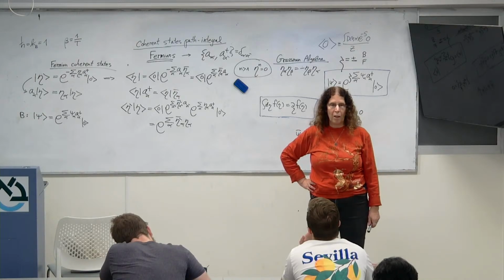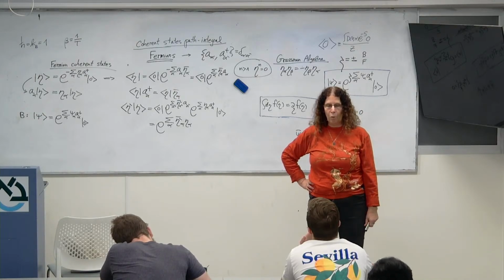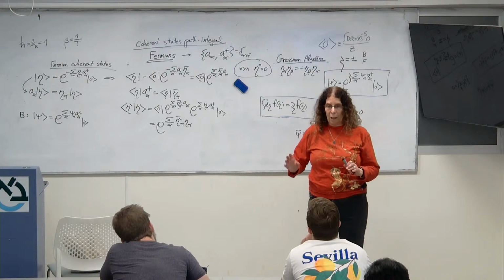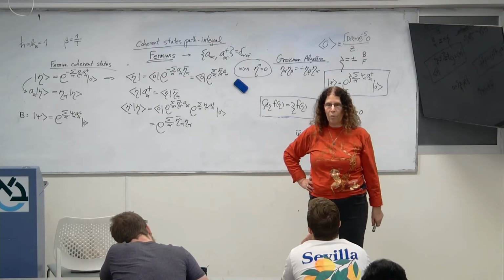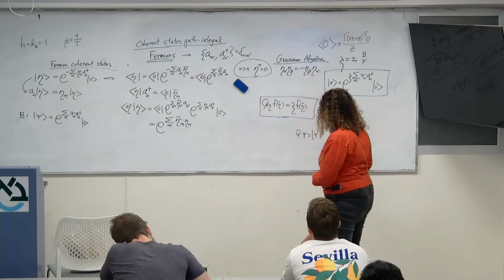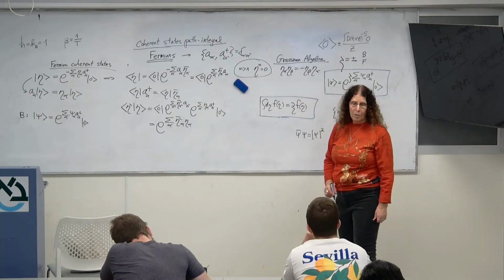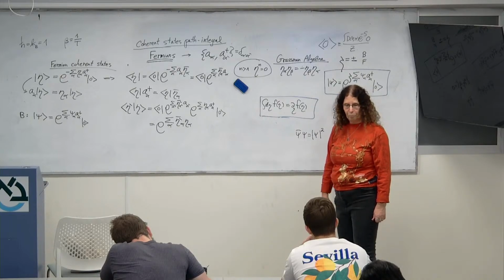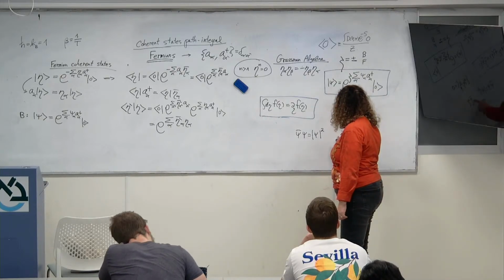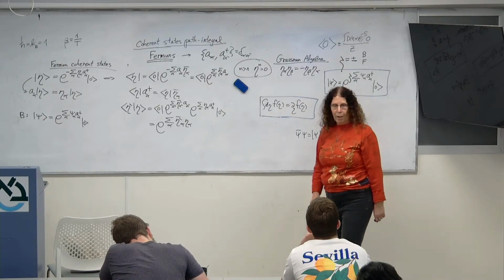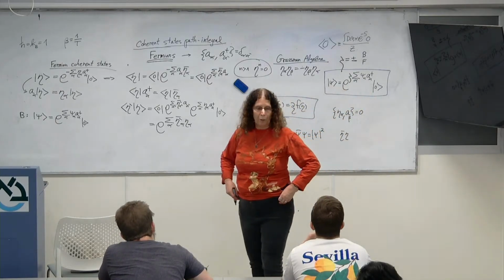Eta and eta bar are two distinct Grassmann variables. That's the only way to understand them, because otherwise the combination eta bar eta would be 0. So eta bar eta can be non-zero only if eta bar and eta are different Grassmann variables.